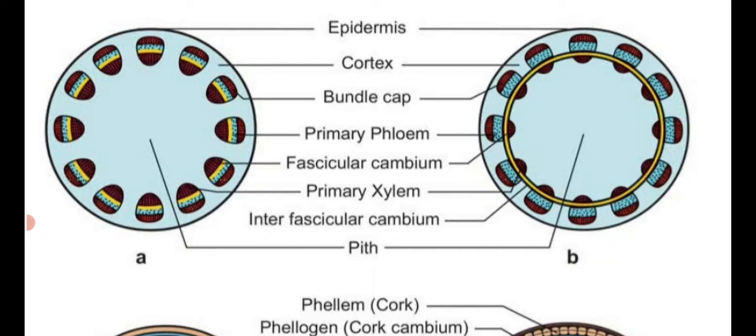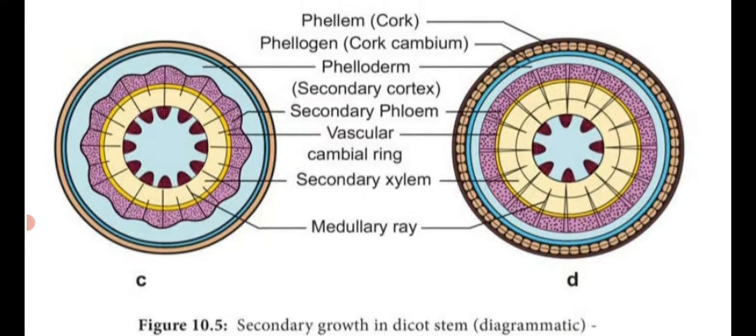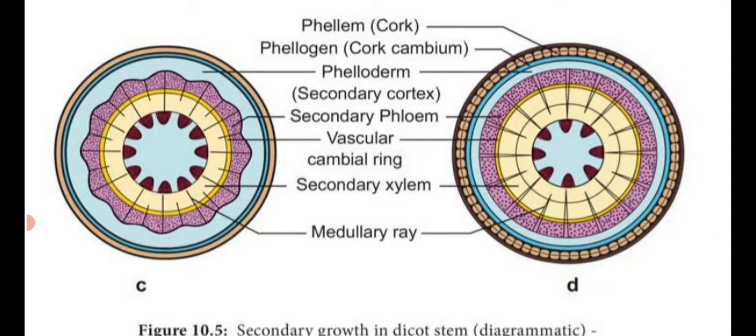Then the outermost layer is epidermis. Inner to the epidermis is the cortex. Then see the C diagram and D. In the center, they are having the pith. So around the pith, they are having the vascular bundle.